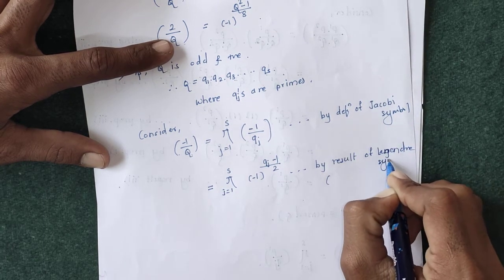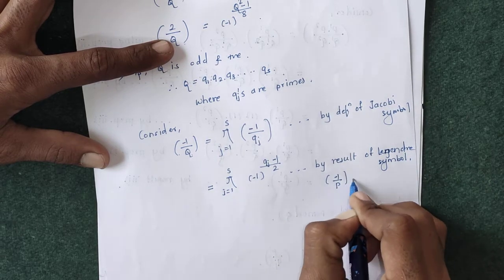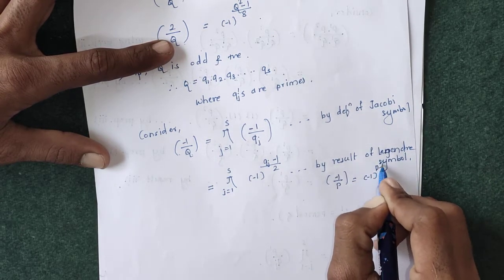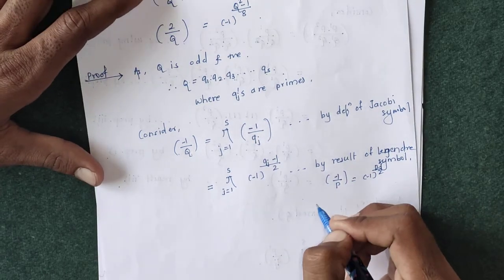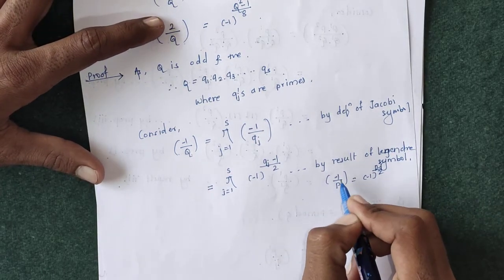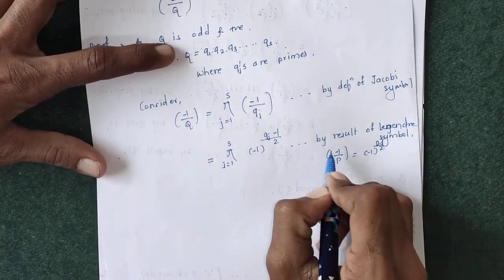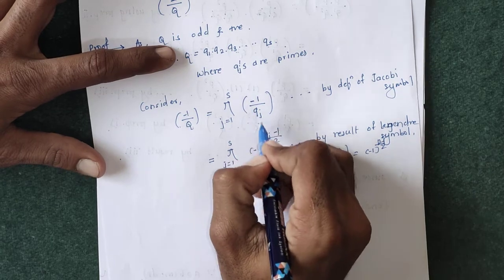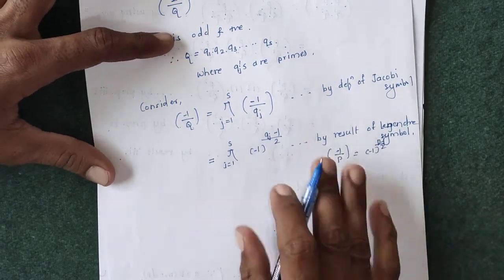We have proved this result in the first property of the first theorem, and using that first property, we can prove this result of the Legendre symbol. Here, using this result, the Legendre symbol of -1 and qj is equal to -1 to the power (qj minus 1) by 2.